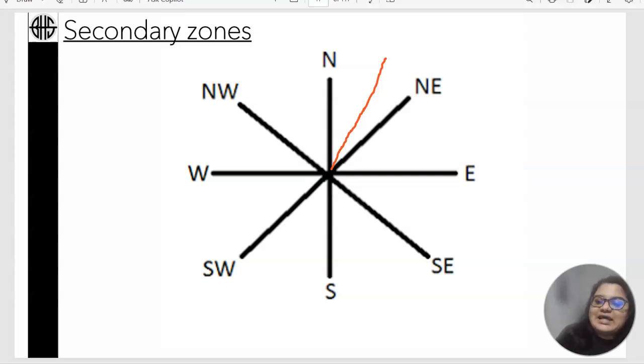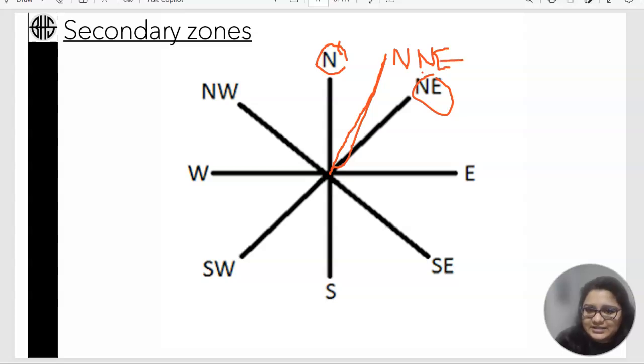Now, while naming a tertiary directional line, we first call it with its primary name, and then its secondary name. So this particular directional line, when cut in between, becomes north, northeast. So this becomes your north northeast directional line.